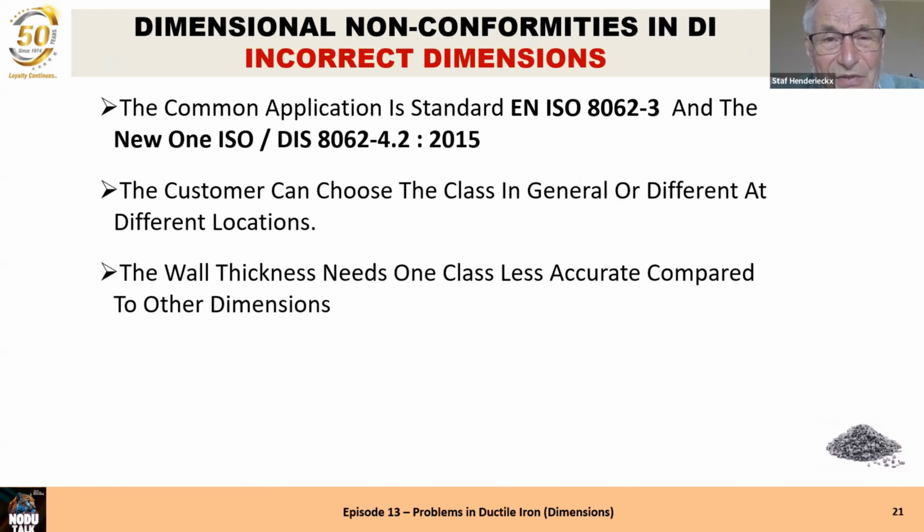Please, the international standard which is applied all over Europe, and I think also in the rest of the world, is the EN ISO 8062, but there is a new one, ISO 8062 in 2015. The customer can choose the class in general or different at different locations.